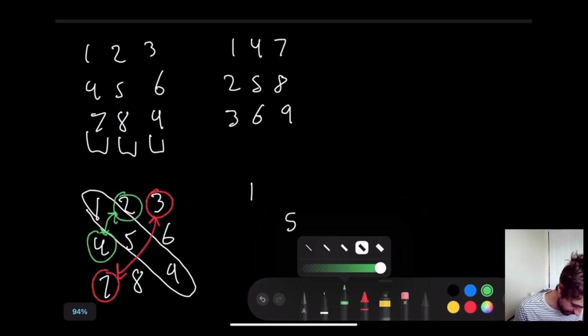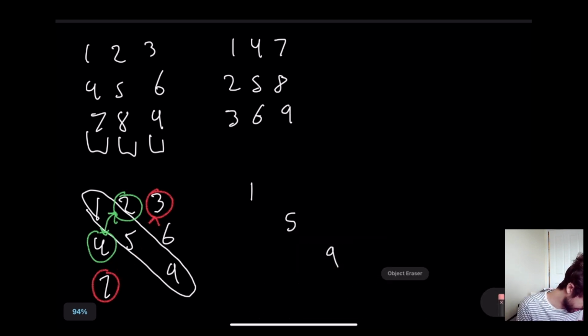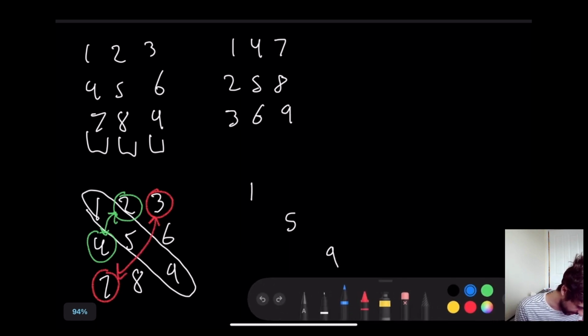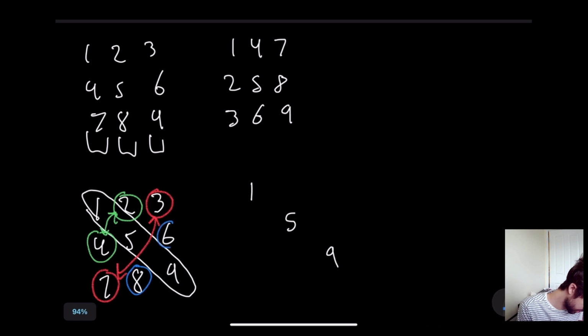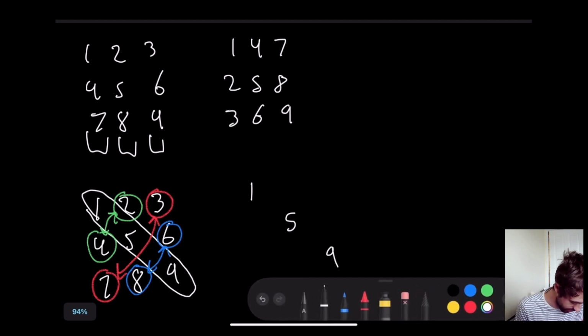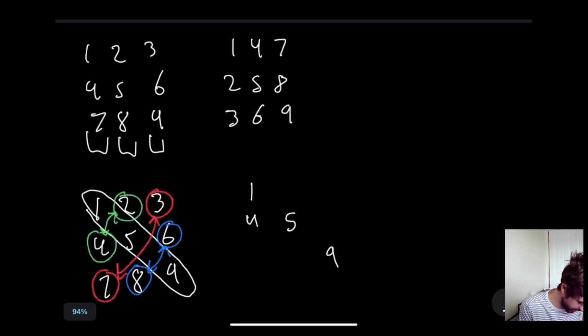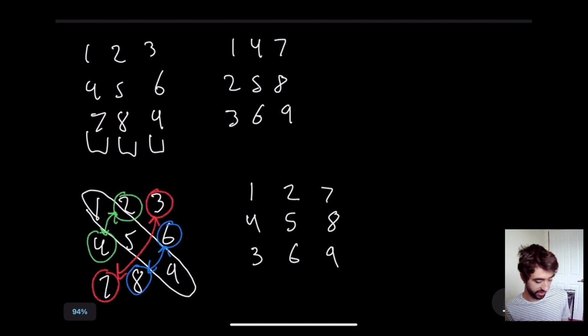And finally, we take these two, oh no, sorry about that. We take these two and we swap them. Notice if we do that, we get a 4 here, and a 2 here, a 3 here, and a 7 there, and a 6 here, and an 8 there.